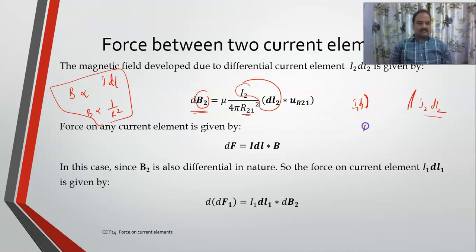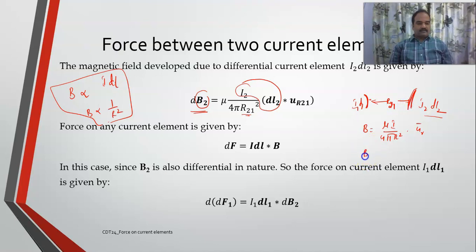Normally the formula will be like this, 4 pi R square into the unit vector. Now what I am doing is, my current is this one and I am calculating at this point, and this point distance is R12 or R21.